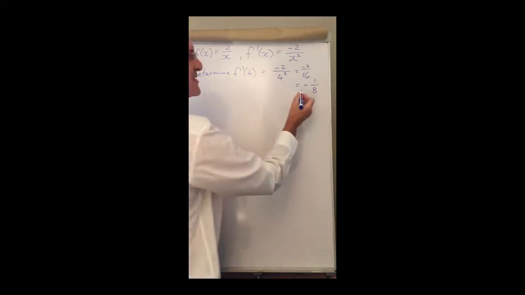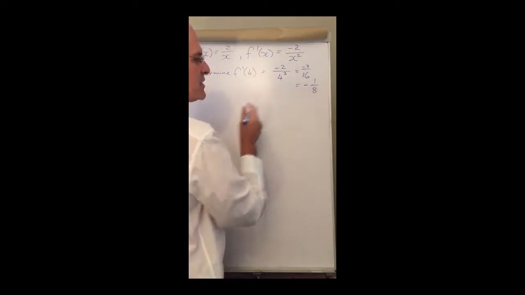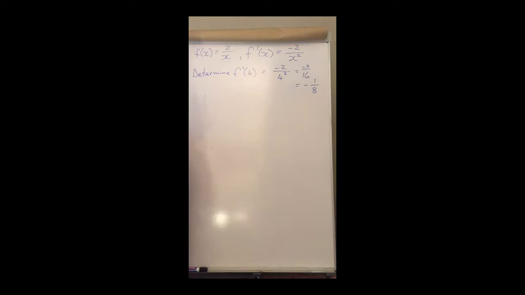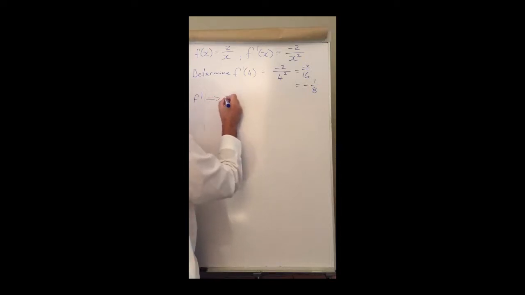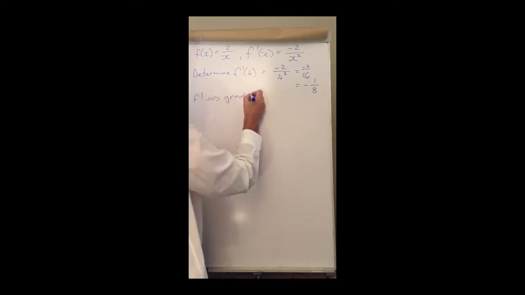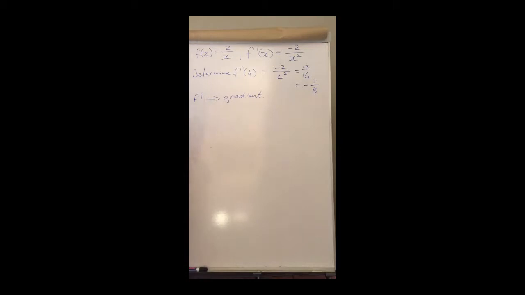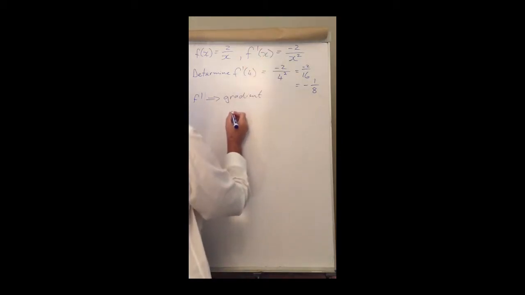Now, what does this minus 1 over 8 mean in the scenario that we have here? Remember, the first derivative of a function is actually the gradient of that function. In this case, we have a hyperbola. So let's quickly draw that one.